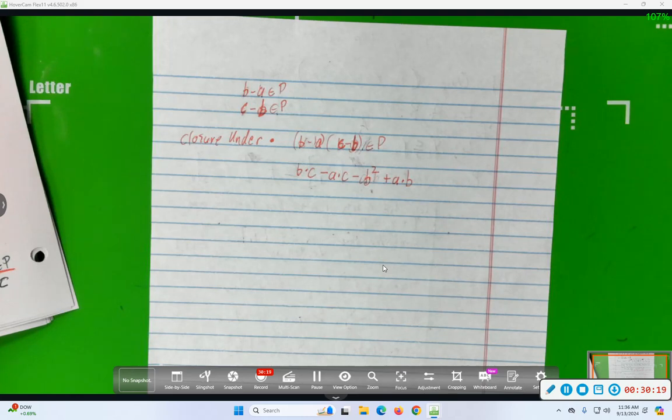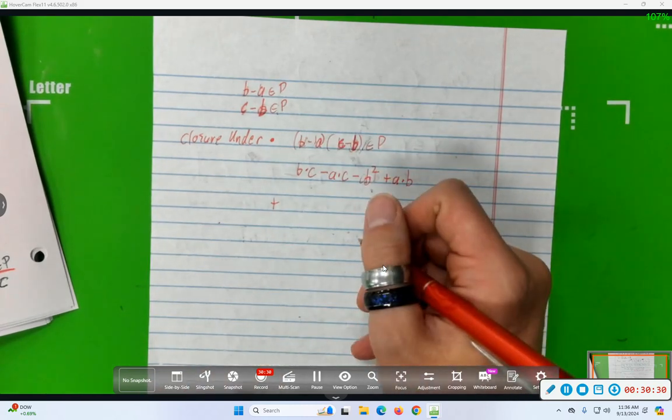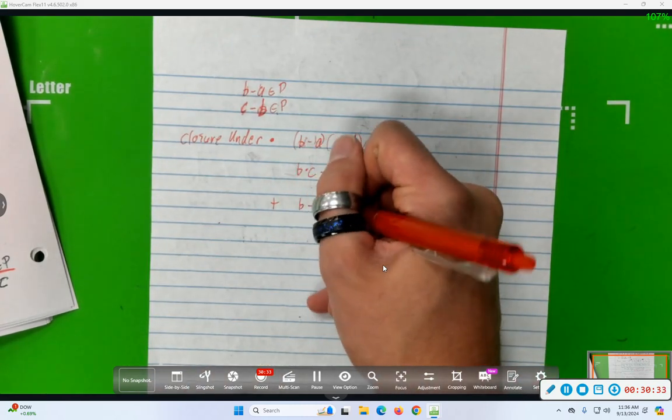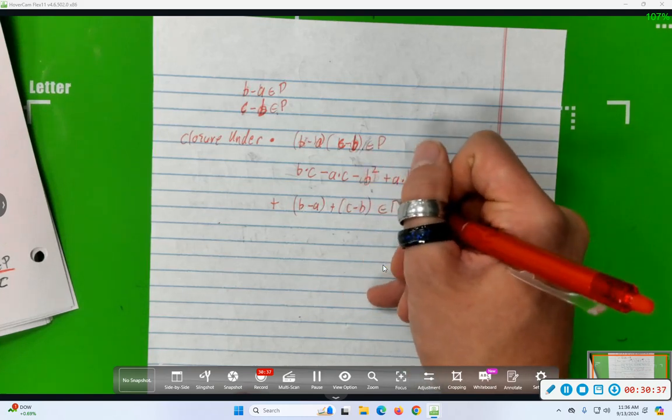But that was because of closure under multiplication. What else could I use? Addition seems more useful, right? Let's see what closure under addition does. That's telling me that B minus A plus C minus B is in the set of positives.